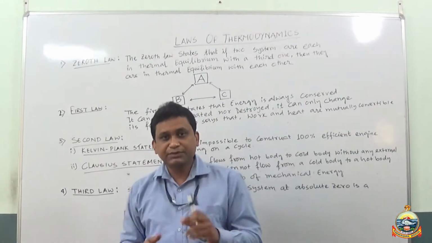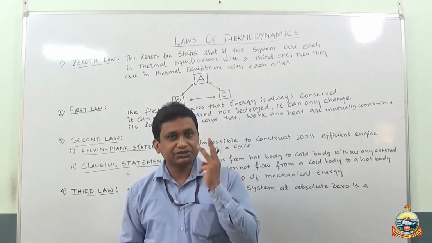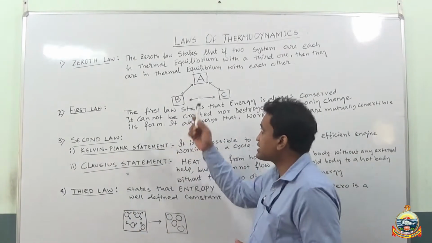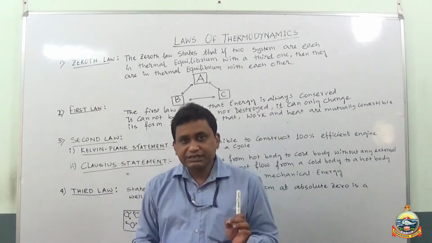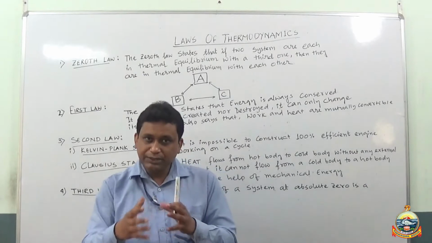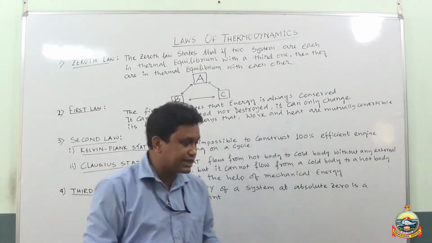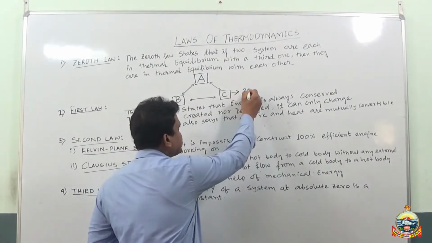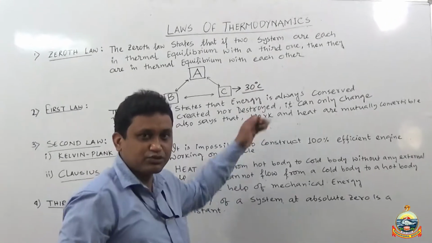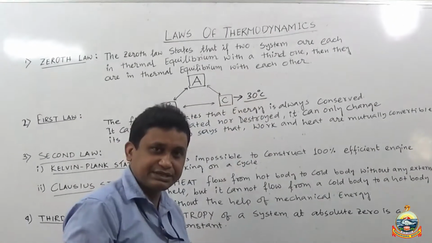The Zeroth Law of Thermodynamics states that if there are three bodies, let us assume the bodies A, B and C, and their temperatures are in equilibrium, meaning their temperatures are equal to each other. Suppose C is a body whose temperature is 30 degrees centigrade.